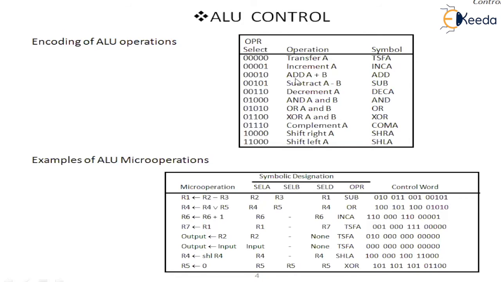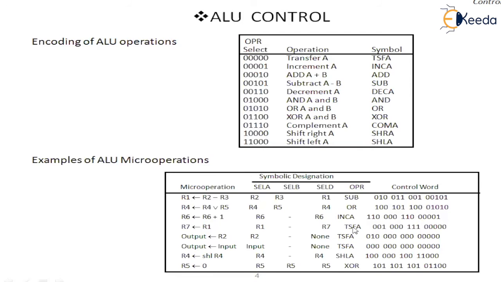But we are performing addition, so we need to replace this operation input, that is the least significant 5 digits, with 00010. So Sel A is equal to 010, R2; Sel B is equal to 011, R3; Sel D is the destination register, that is R1, that is 001; and then here we are performing addition. What is addition? 00010 is addition.